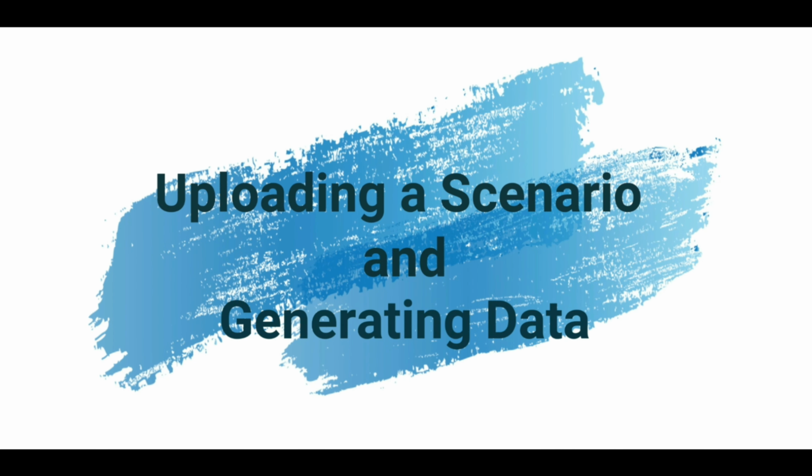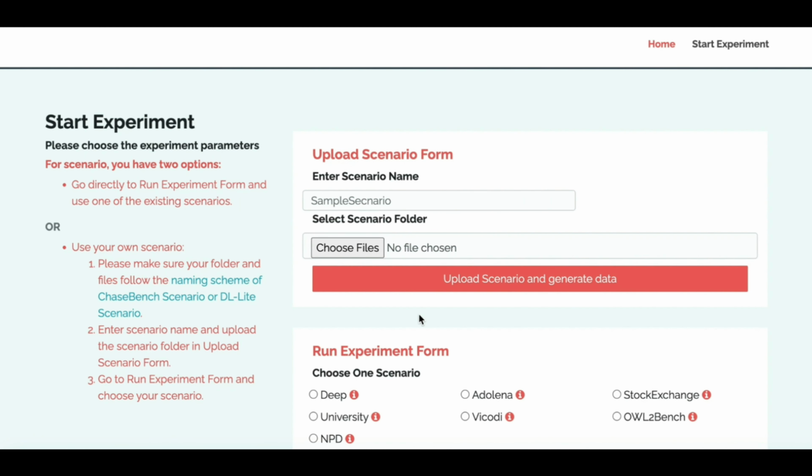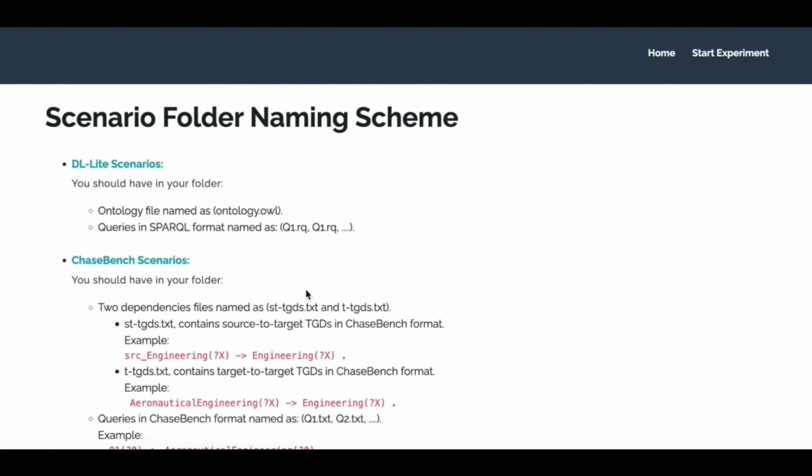The first feature is uploading a new scenario and generating data. The user can browse the required naming scheme before uploading the scenario. There are two types of scenarios, each has its required files.